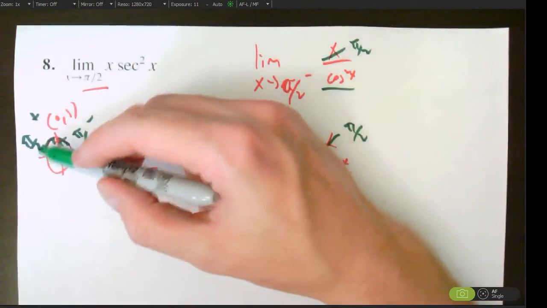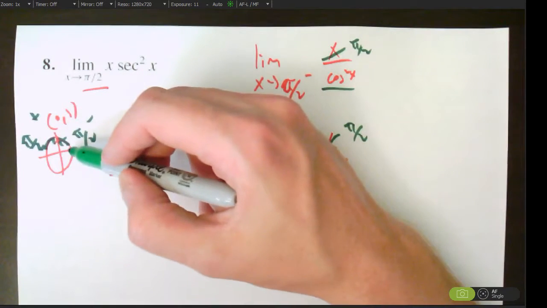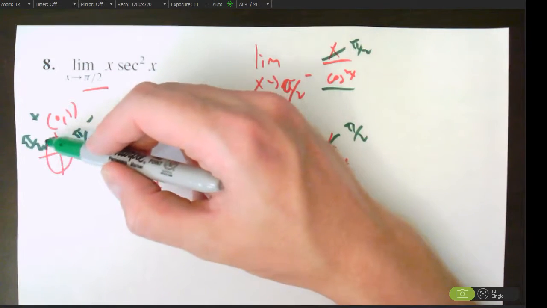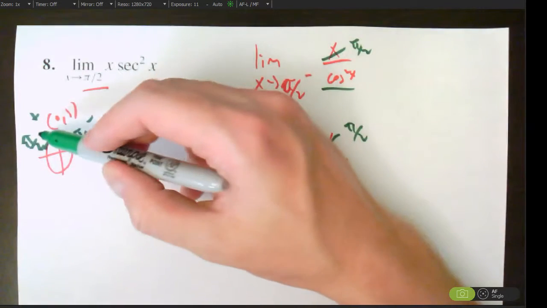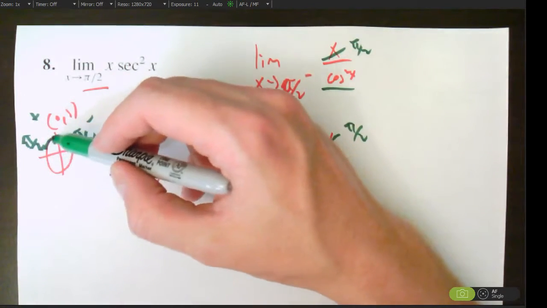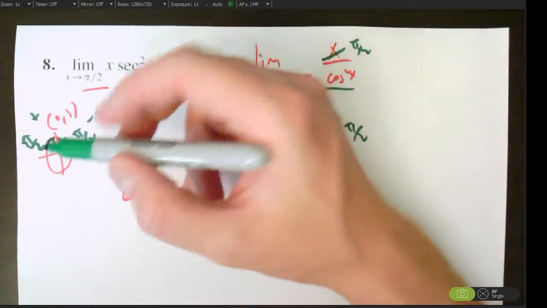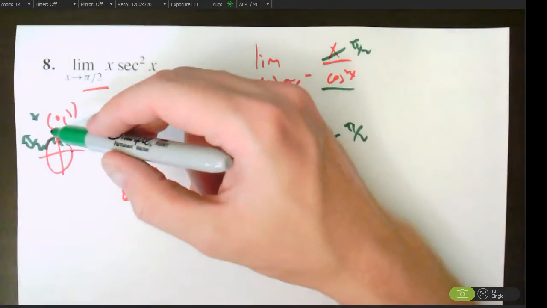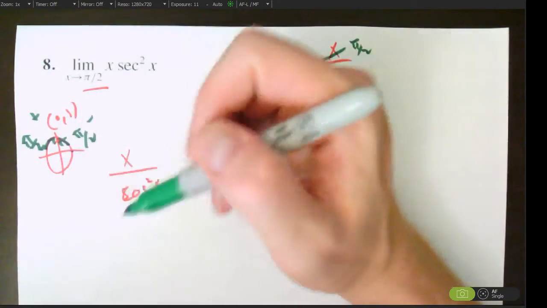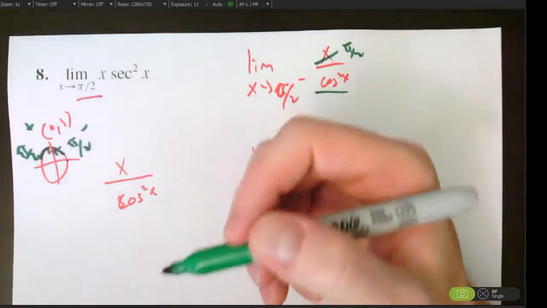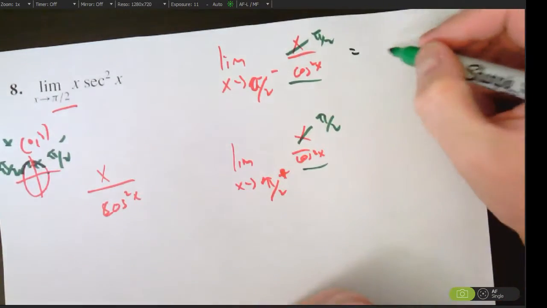Even though drawing-wise it's from the left, but remember this is 0 radians, pi over 2 radians, pi radians. I'm getting bigger as I go around the circle this way. So this actually is, even though it's drawing from the left a bit, it's really from the right numerically. But either way, it's okay, because here's what I got to realize. Oh, I'm going to just get really close to 0. Okay, so I have number over something close to 0, which should blow up to infinity.